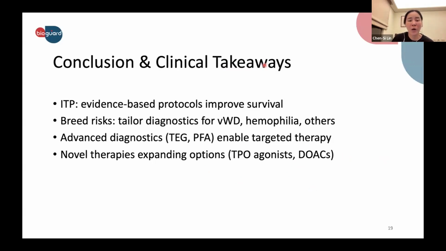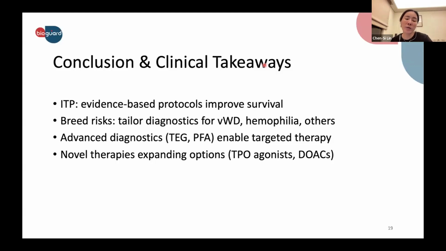So the take-home, brief conclusion here is to remind us that for ITP, immune-mediated thrombocytopenia, we have evidence-based protocols for either diagnosis or treatment, and this kind of procedure will improve the survival of the animals.